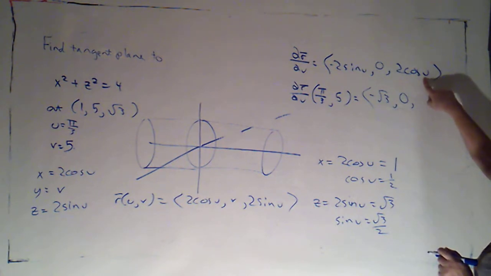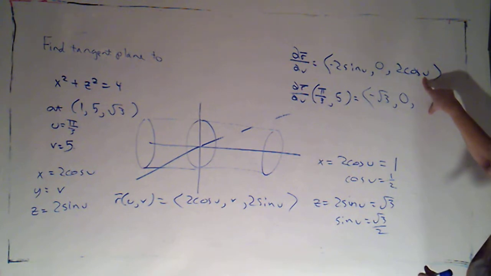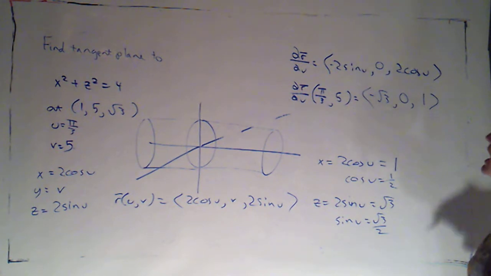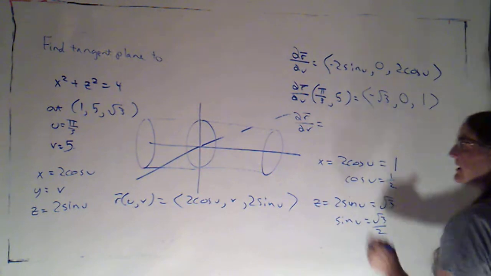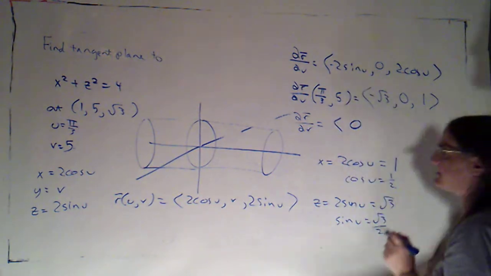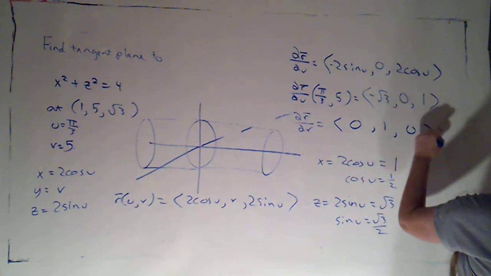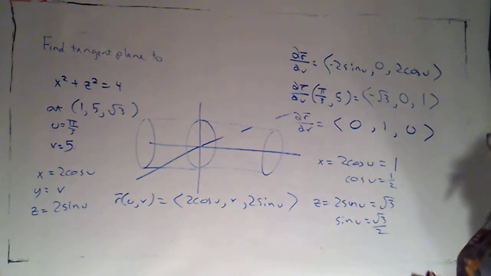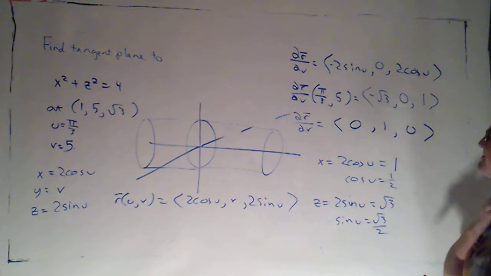Cosine of pi over 3 was 1/2. 2 of those is going to be 1. Okay. All right. I can take the partial of r with respect to v. That's actually really nice. That's just (0, 1, 0). And of course, since that's constant, I'll get that no matter what I plug in. So that's what I get when I plug in (pi over 3, 5) as well.